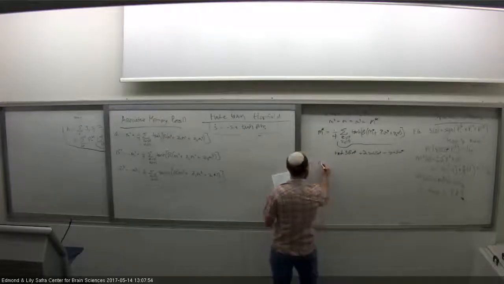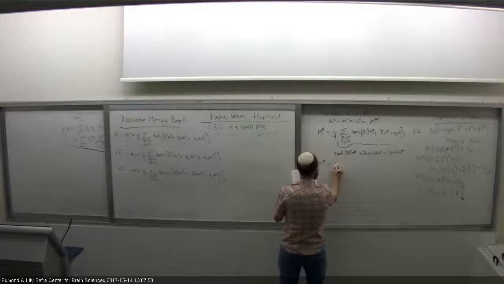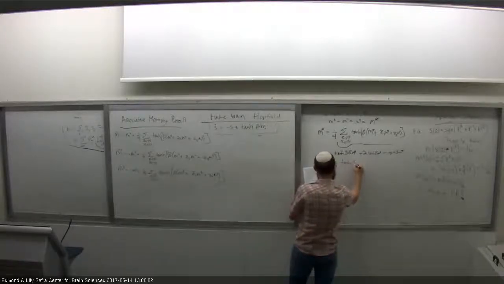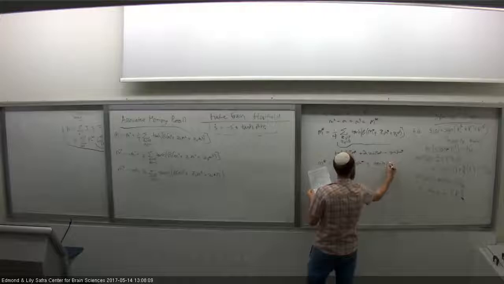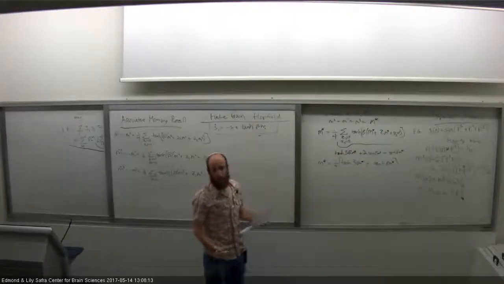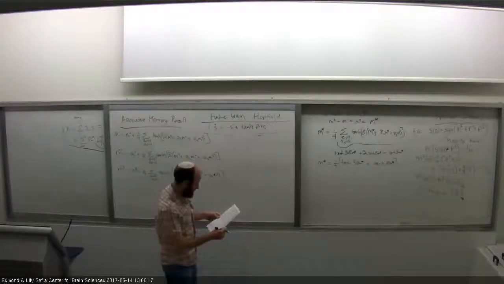So the fixed point equation under this assumption of uniformity is M star equals 1/4 times tangent hyperbolic 3 beta M star plus tangent hyperbolic beta M star. So that's a fixed point equation under the assumption that M1 equals M2 equals M3.